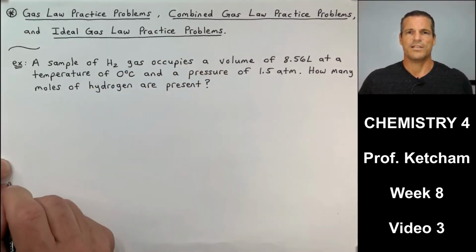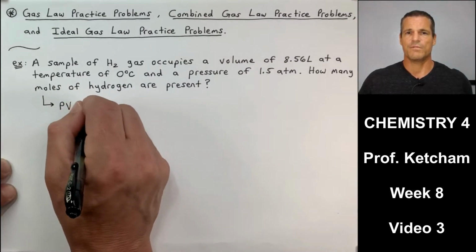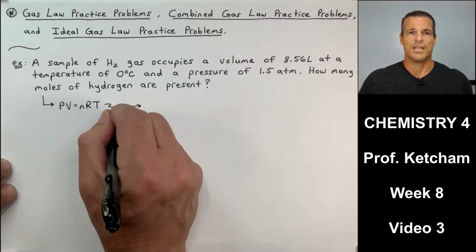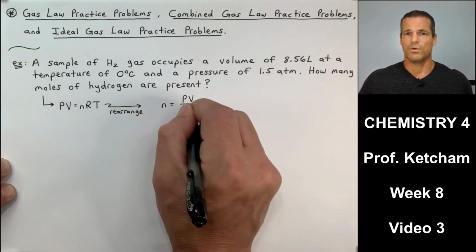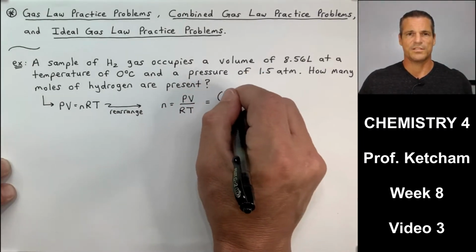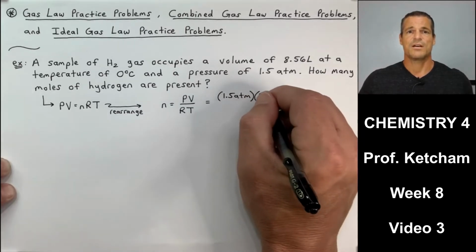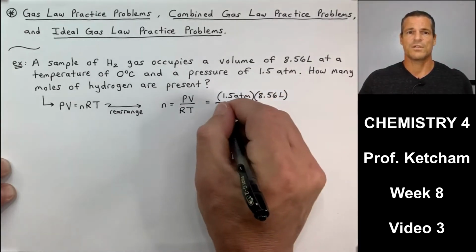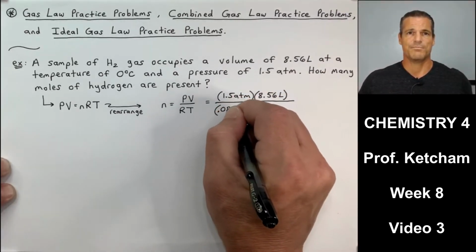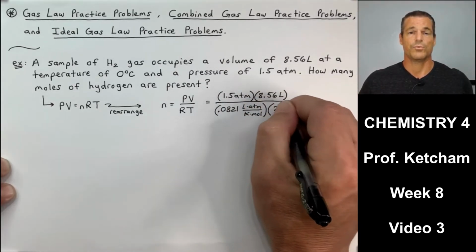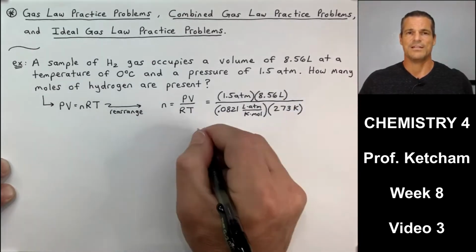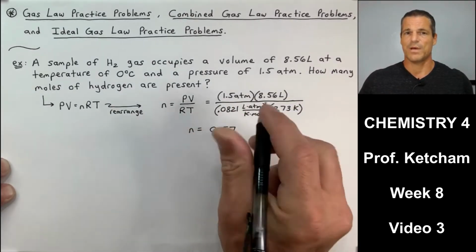Well, we see that it's giving us a volume of 8.56, temperature of 0, pressure of 1.5, and it wants moles. So there's no situation 1, situation 2. They're just giving us values for the variables in PV equals nRT. PV equals nRT rearranges to n equals PV divided by RT.